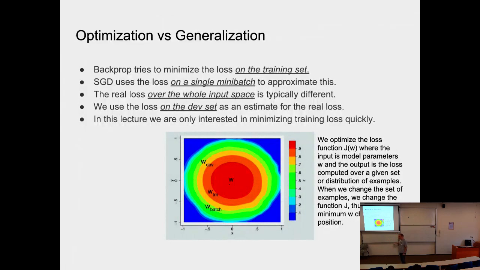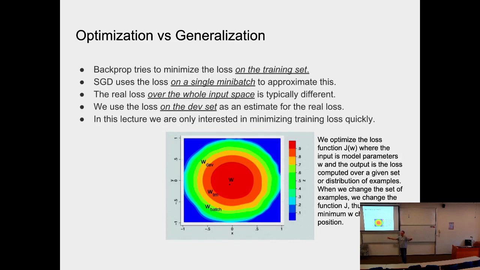So the directions taken by SGD are noisy, because since I'm not seeing the whole training set, I don't know exactly what direction the gradient according to the whole training set would be. I'm just looking at the 100 samples in my mini batch. So that's a noisy estimate of the gradient direction according to the whole training set.